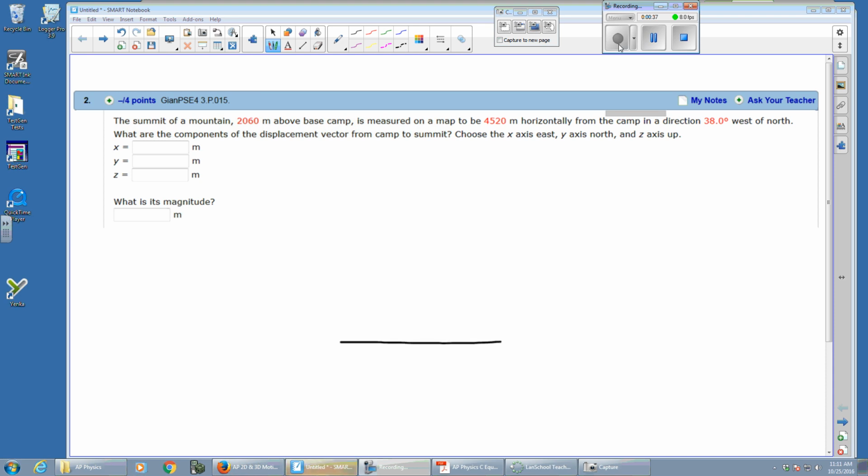If we draw this, draw a plane here, with this being north and this being west, they're saying in that plane, we go 38 degrees west of north, so this angle is 38 degrees, and then we go directly up from that, so of course that would be a right angle here, that we hit the summit of our mountain.